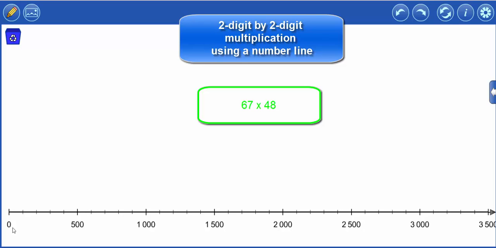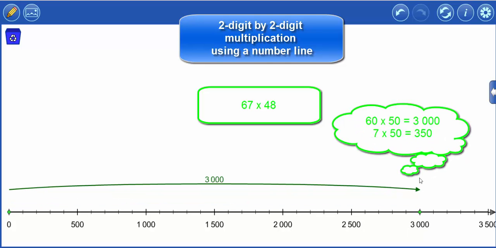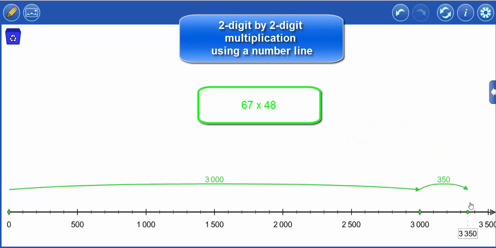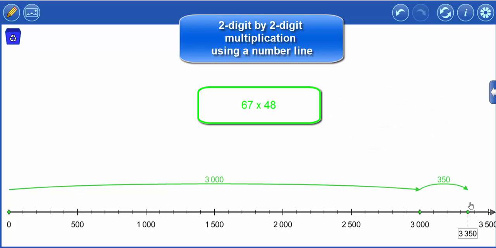To make my numbers easier to work with, I'm going to decompose them again. 60 times 50 is 3,000, and 7 times 50 is 350. So now I know that 67 times 50 is 3,350, but that is too much.